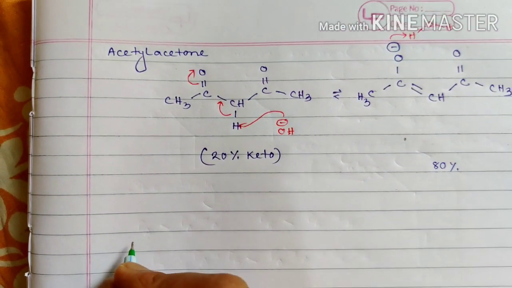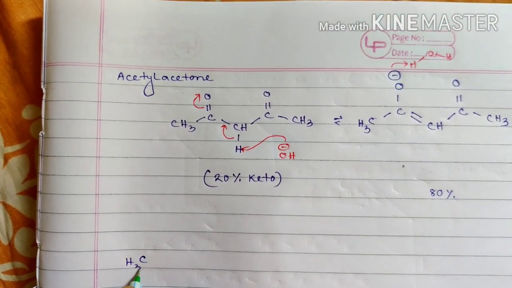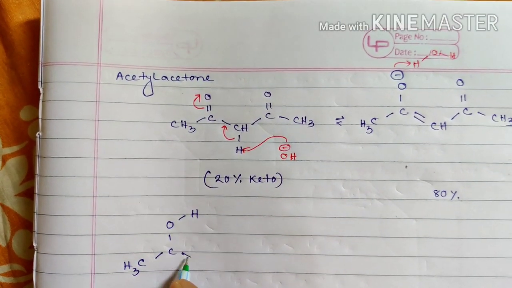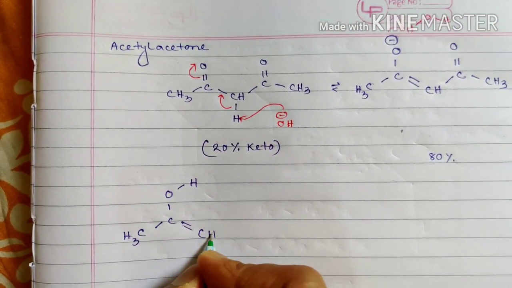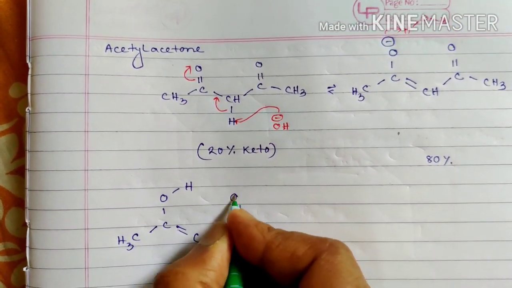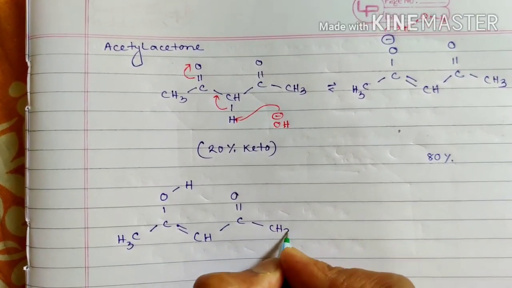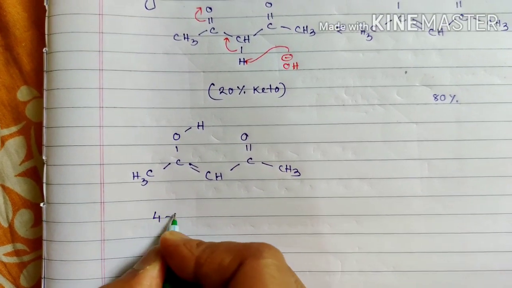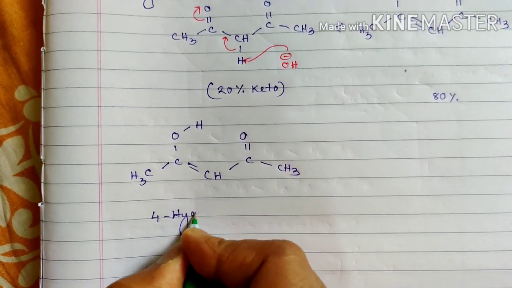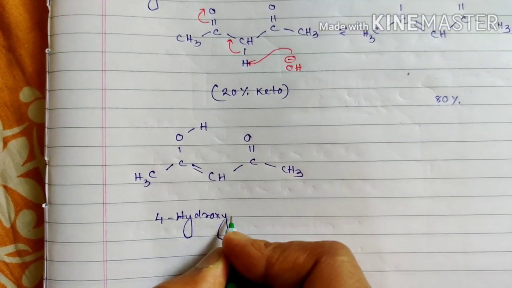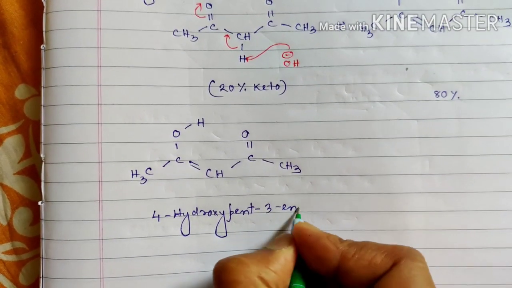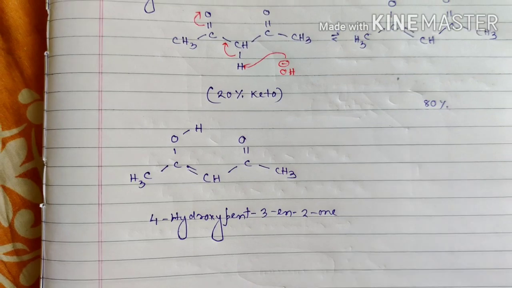So let us rewrite: CH3 C OH double bond CH C double bond O CH3. If we try to write down the name of it, it will be 4-hydroxypent-3-en-2-one.